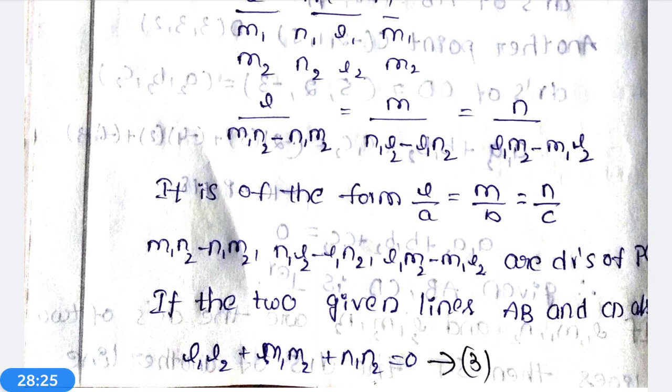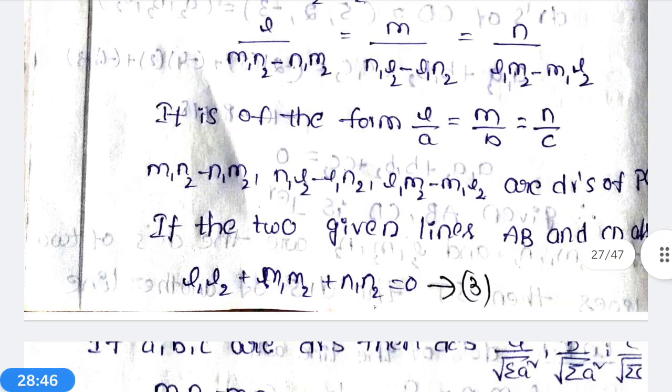It is of the form L by A is equal to M by B is equal to N by C, where L, M, N are DCs of the line which is perpendicular to both the given lines. So A, B, C are DRs of the line. Therefore, DRs of the line which is perpendicular to both the given lines are M1 N2 minus M2 N1, N1 L2 minus N2 L1, L1 M2 minus L2 M1.